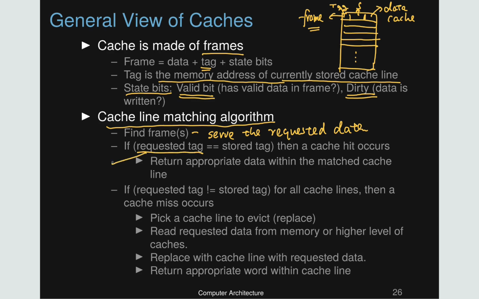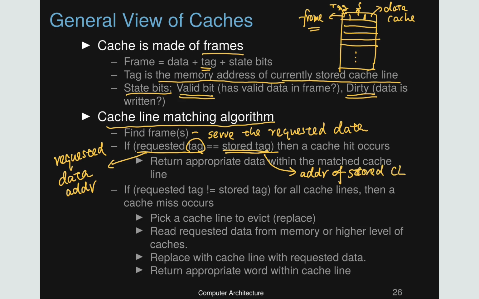Remember that when we discussed the tag, we mentioned that the tag is effectively the memory address. So the matching process first takes the address of the requested data and compares it with the tag, the address of the stored cache line or stored data.